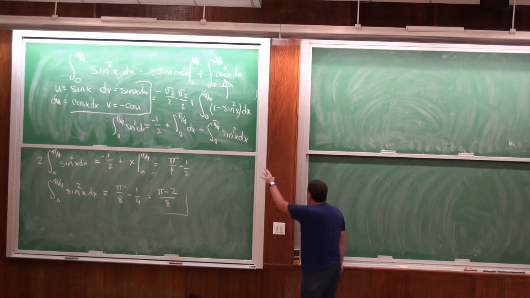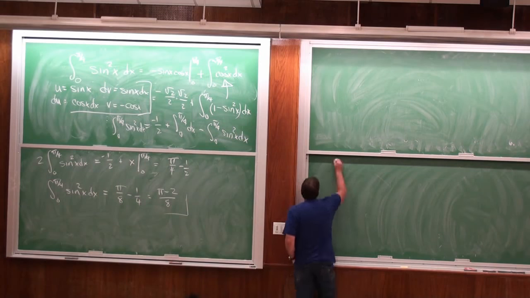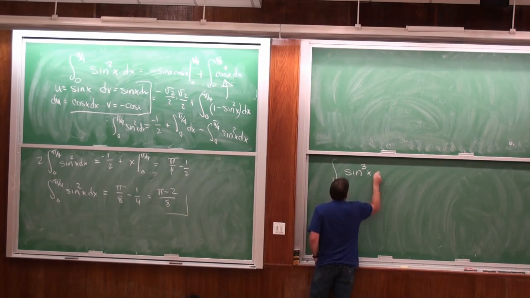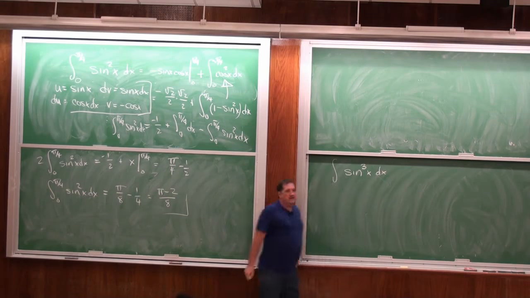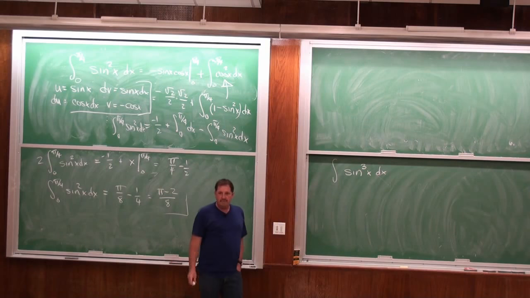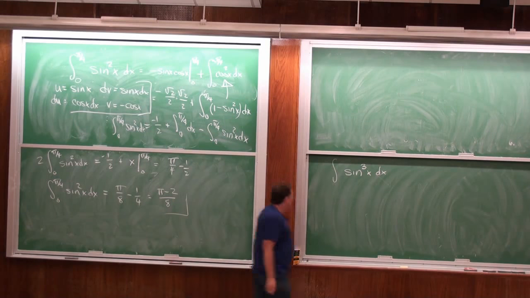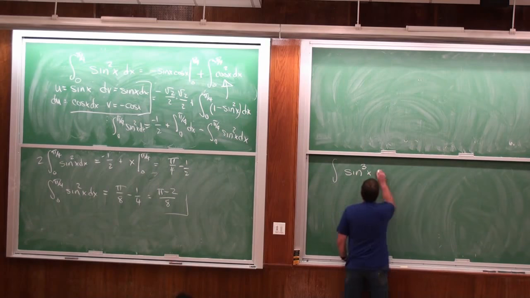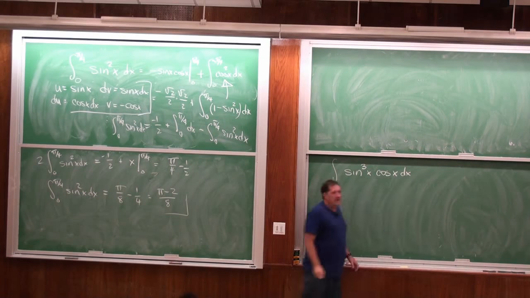So suppose instead of that, I had something like the integral of sine cubed of x dx. And let's just make it an indefinite integral this time. And let's make it easier. Let me throw a cosine in there. Make it easy. So say I have an integral like this.